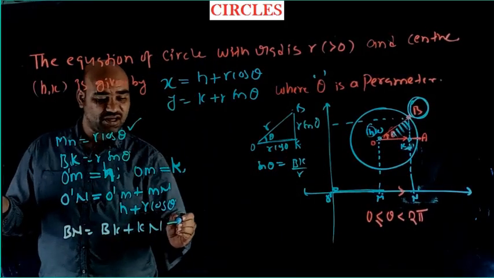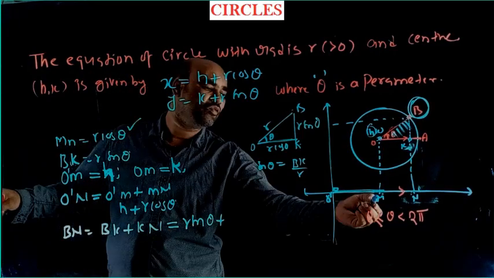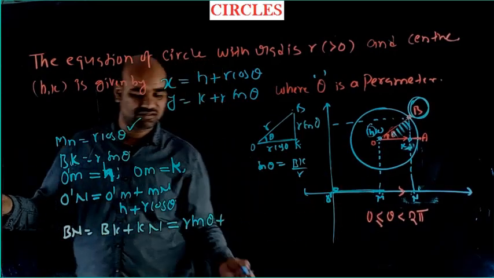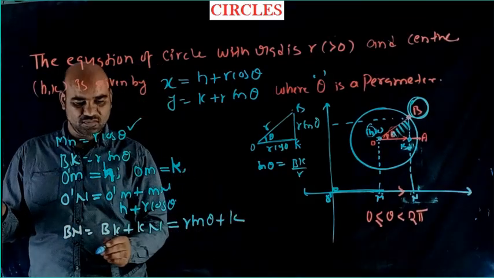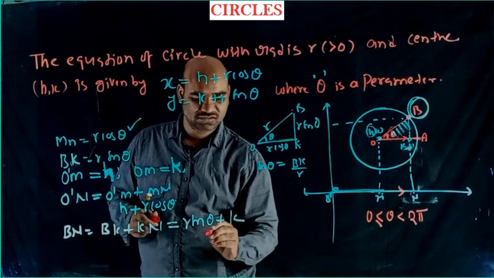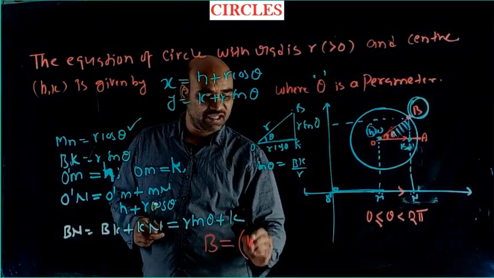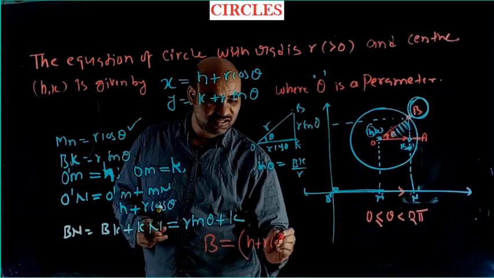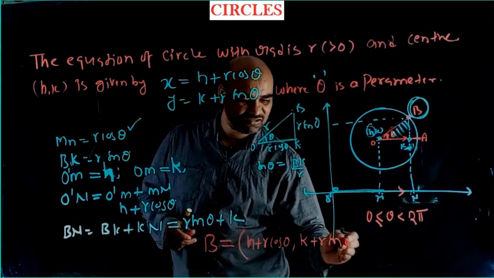Instead of BK, I can write r sin theta, plus KN, that is OM, which is nothing but k. Therefore, I got the coordinates of B as h plus r cos theta, comma k plus r sin theta.